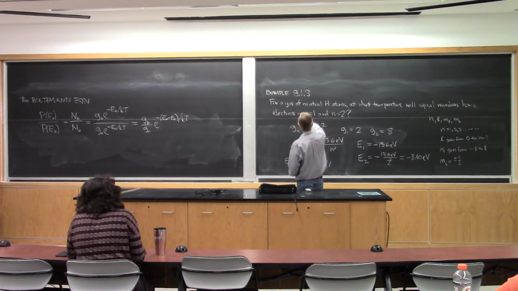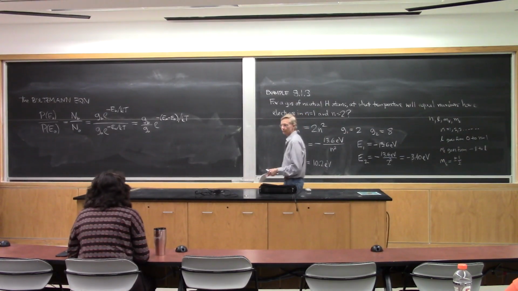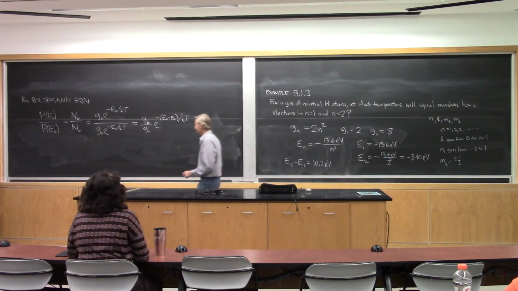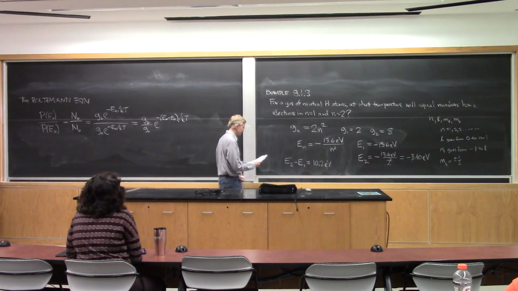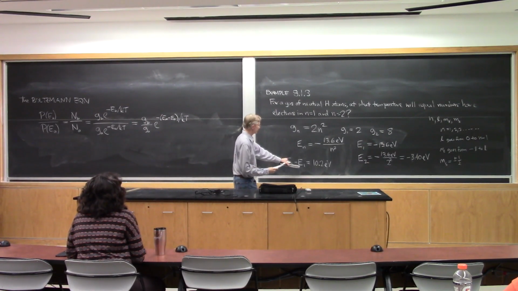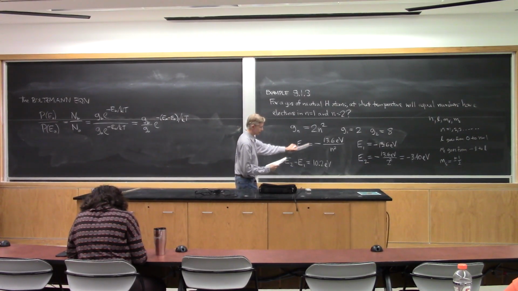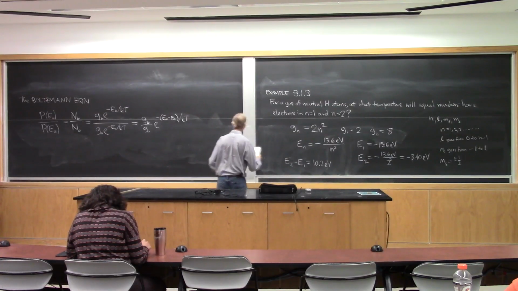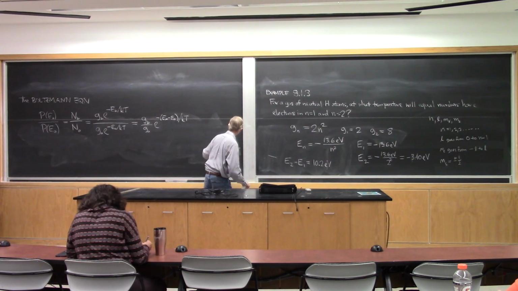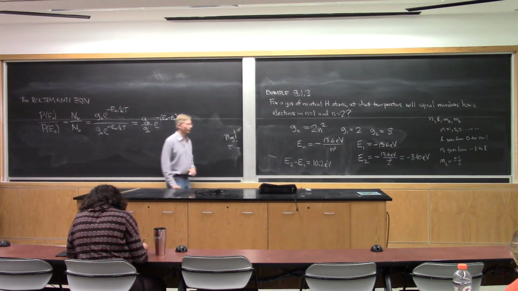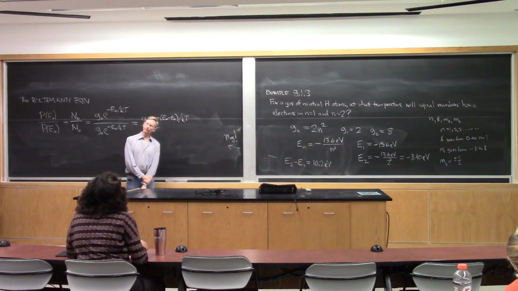At what temperature will equal numbers have electrons in n equals 1 and n equals 2? All right, we've got our numbers there. We've got E2 minus E1 is 10.2 electron volts. We've got that G2 is 8 and G1 is 2. So plug it in over here, or if I'm more dignified, substitute.